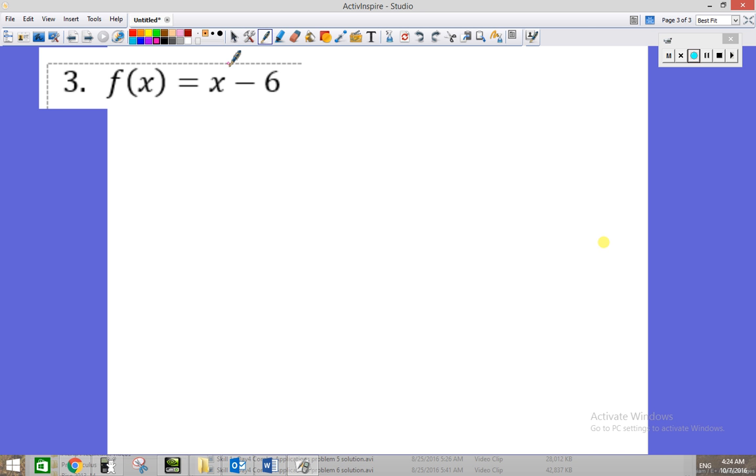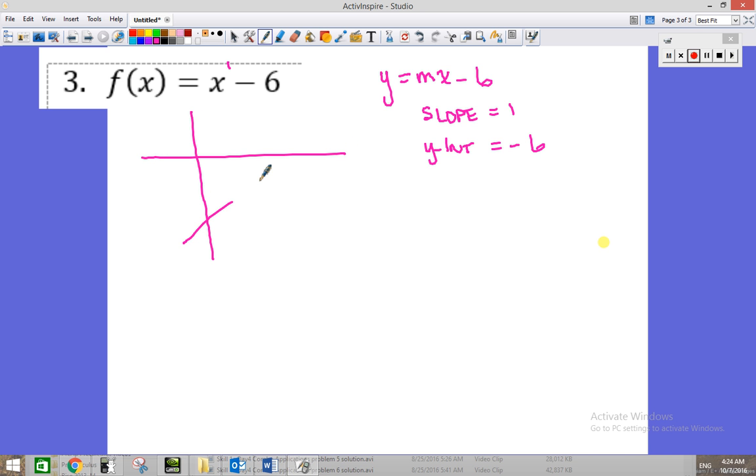With the x having an exponent of 1, this is just the equation of a line, and it's in slope-intercept form. So I know that the slope is 1, that the y-intercept is -6, so I have a y-intercept of -6, an x-intercept of +6.